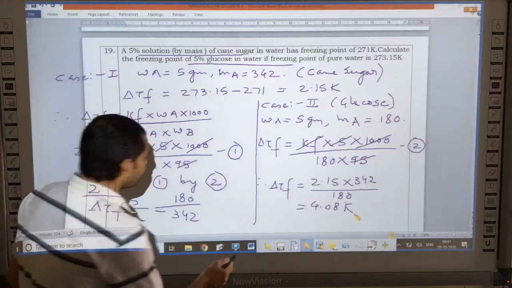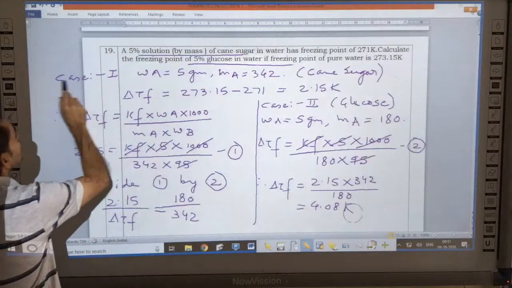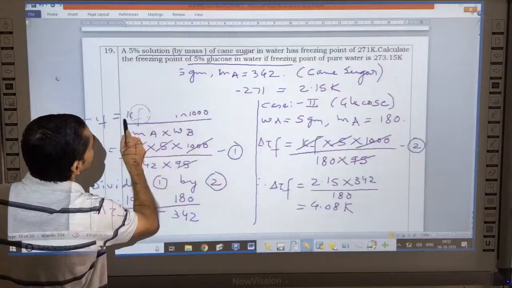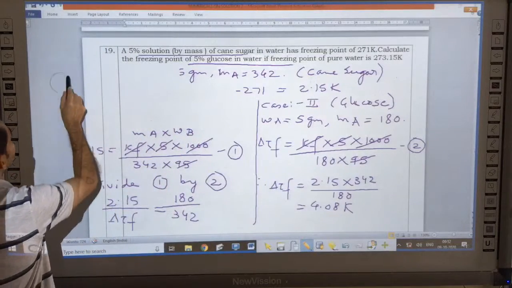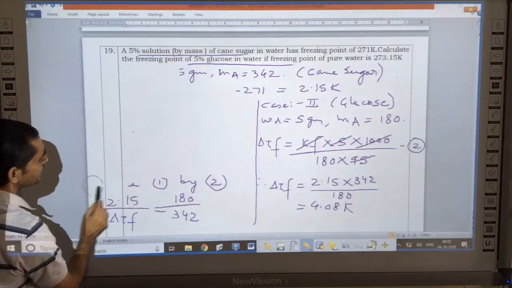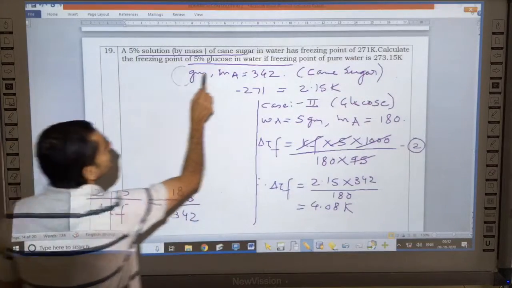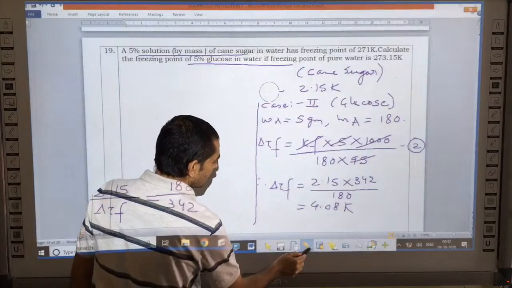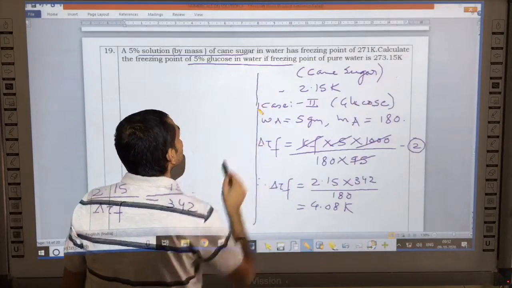Now you can calculate freezing point here. Let us solve it. Freezing point of a solution will always be less than freezing point of what? Pure water.